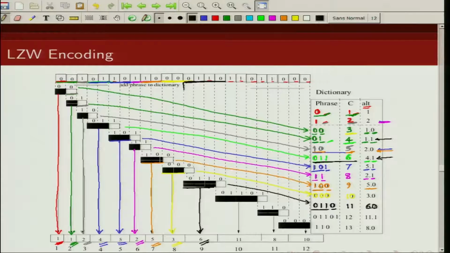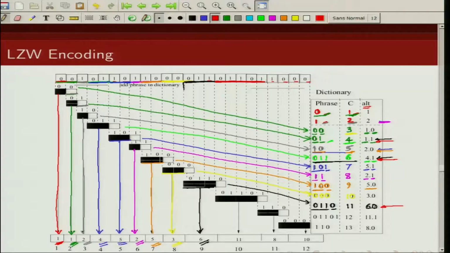Alright. Now we start from this 0. 0 is already there in the dictionary. 0 1 is also there in the dictionary. That is this. 0 1 1 is also there in the dictionary. 0 1 1 0 is also there in the dictionary. Then 0 1 1 0 1 is not there in the dictionary.